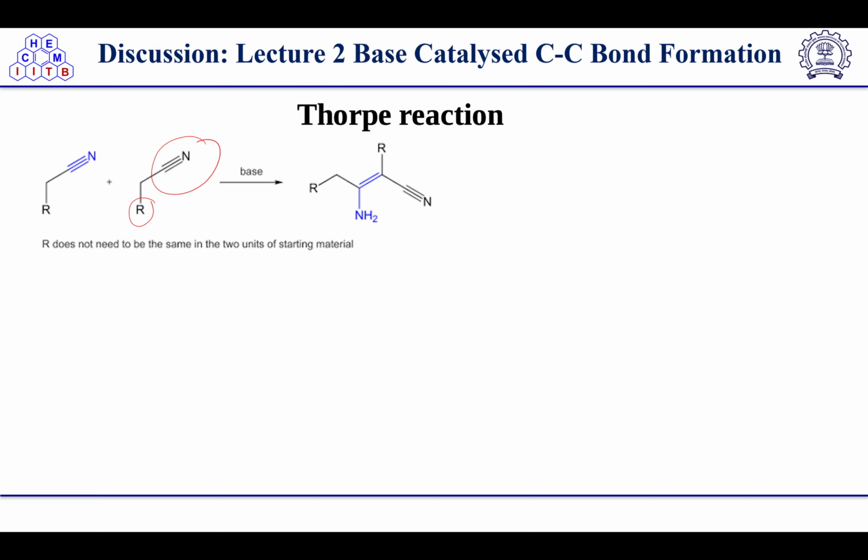So R is a general alkyl group. Similarly in the case of Claisen condensation reaction also, both esters can be different or they can be the same. So cross Claisen condensation is where a different ester is used. Similarly here in the Thorpe reaction, we can say that we will get a cross condensation product if we use different nitriles, but here the example is given with the same nitrile.